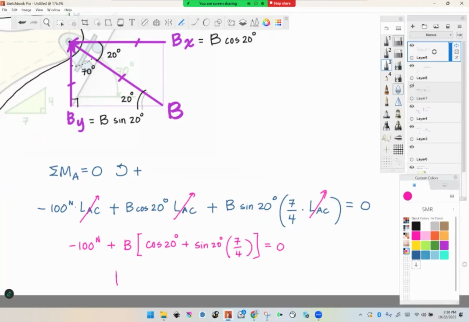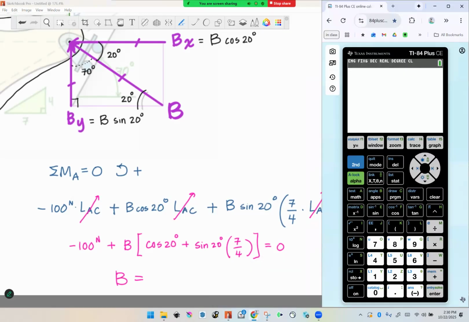And I think I'm ready just to do my calculator operation for this. Okay, so I'm going to start with 7 divided by 4, multiply by the sine of 20, add the cosine of 20, okay? And that number, 1.53, is the stuff in the brackets.